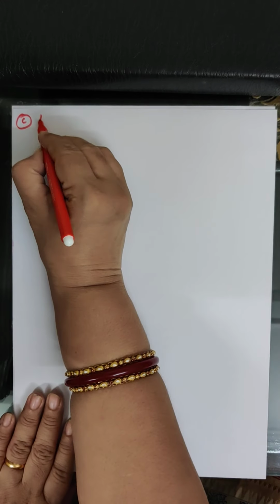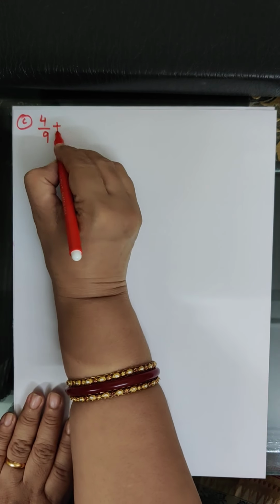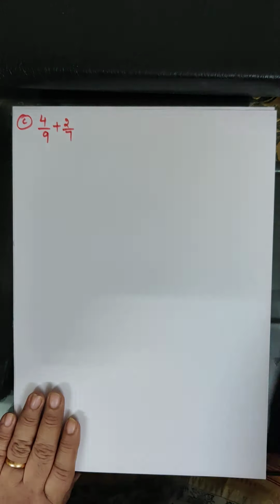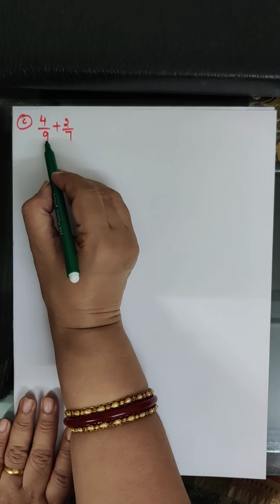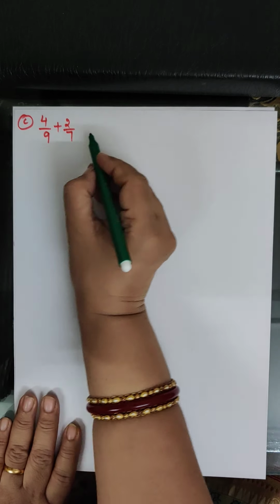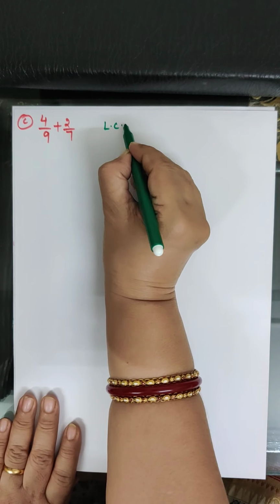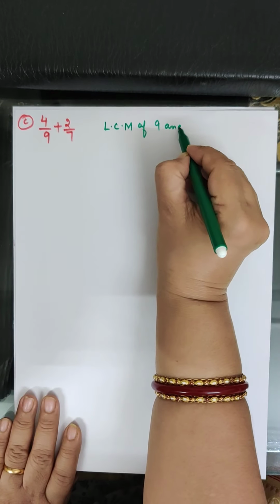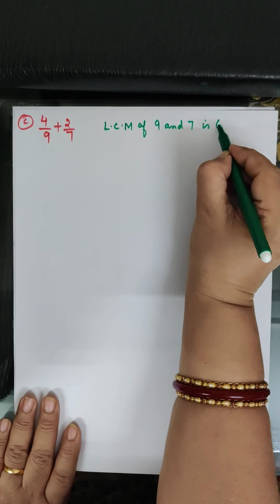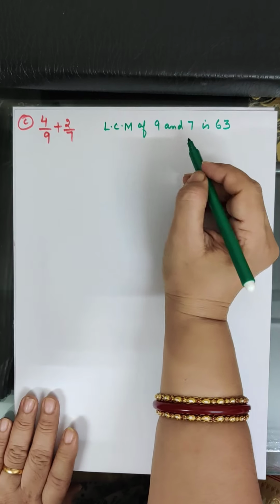C part is 4 upon 9 plus 2 upon 7. 4 upon 9 plus 2 upon 7. Again they are unlike fractions, so we take the LCM of 9 and 7. LCM of 9 and 7 is 63, because they both are co-prime.